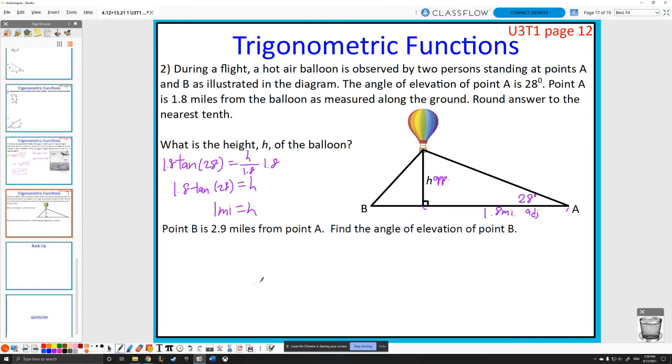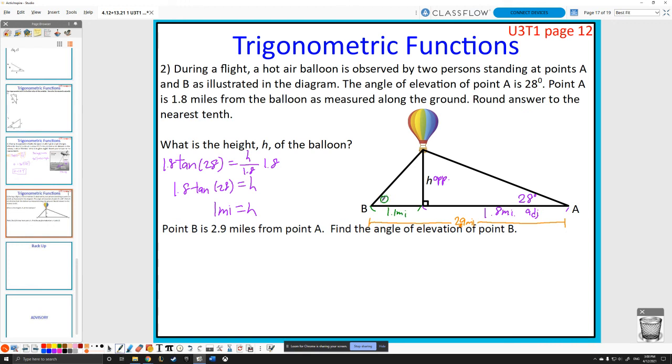They give us a little more information. They tell us from B to A is 2.9. That means B to the balloon is 1.1.